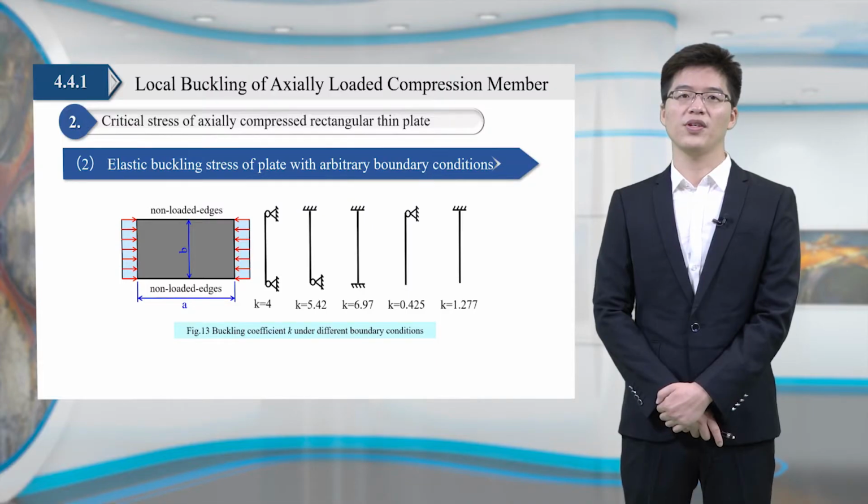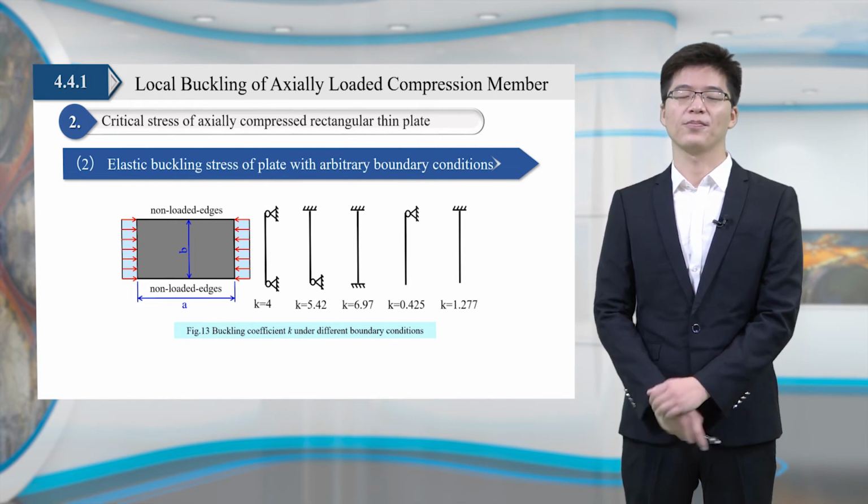The buckling coefficient of plates with three sides simply supported and one side free is 0.425, whereas the buckling coefficient for the plate with two opposite sides simply supported, one side fixed and the other side free is 1.277.